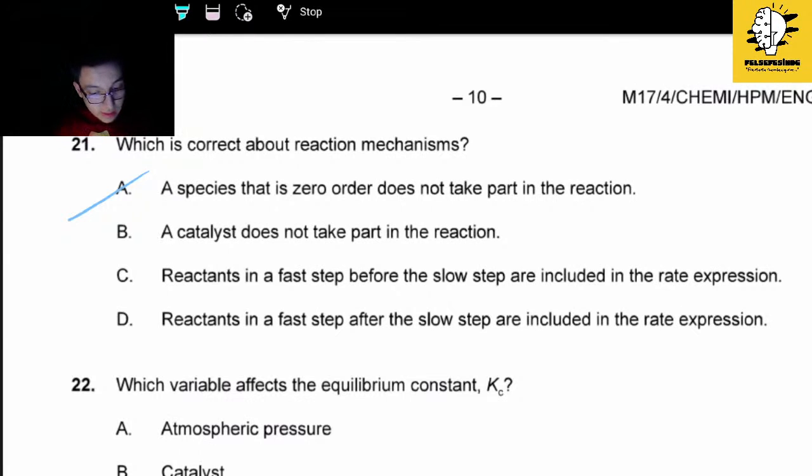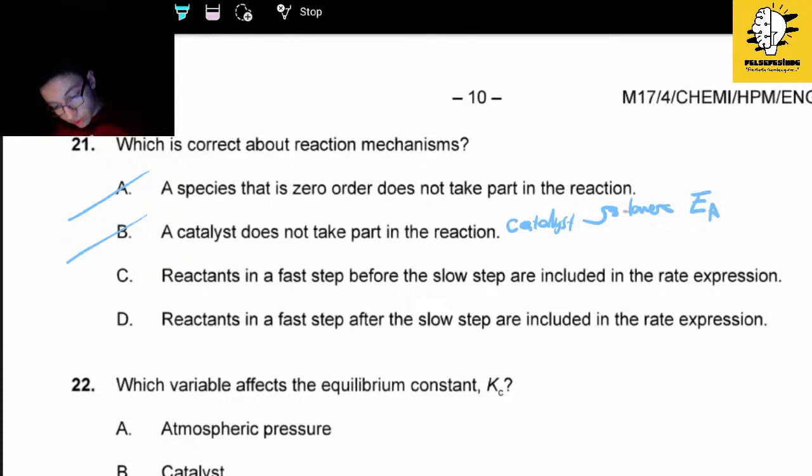A catalyst does not take part in the reaction. No, it does take part in the reaction. Let's define a catalyst. For a catalyst, we say that it lowers activation energy. This is the first point.